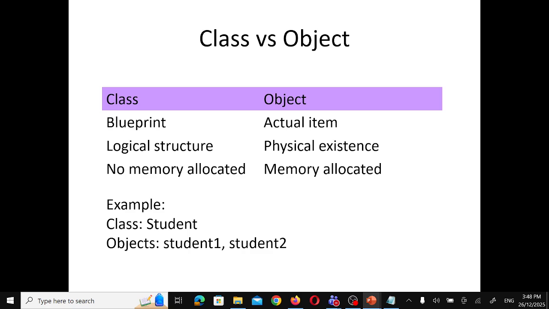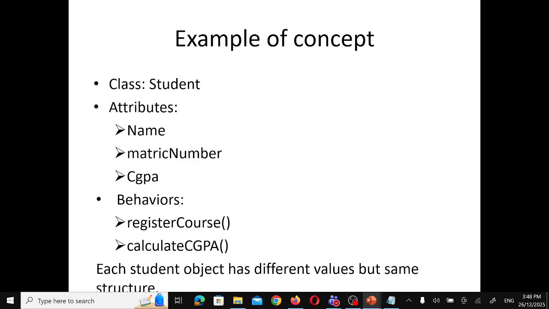Basically, you can have one class with many objects. For example, you have one public class, but you can use many objects under this class. An example of the concept, which we haven't gone through yet with actual coding: let's say we have a class named Student.